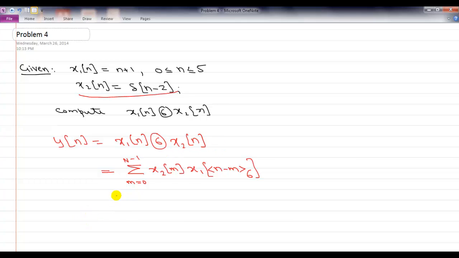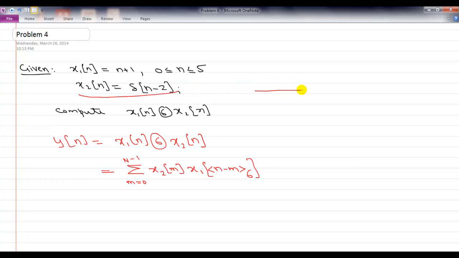Now we have looked at circular convolution graphically or in a tabular fashion, but for this problem it's much simpler than that. I'll just plug in the values. x2[n] is 0 for everything except n equal to 2.